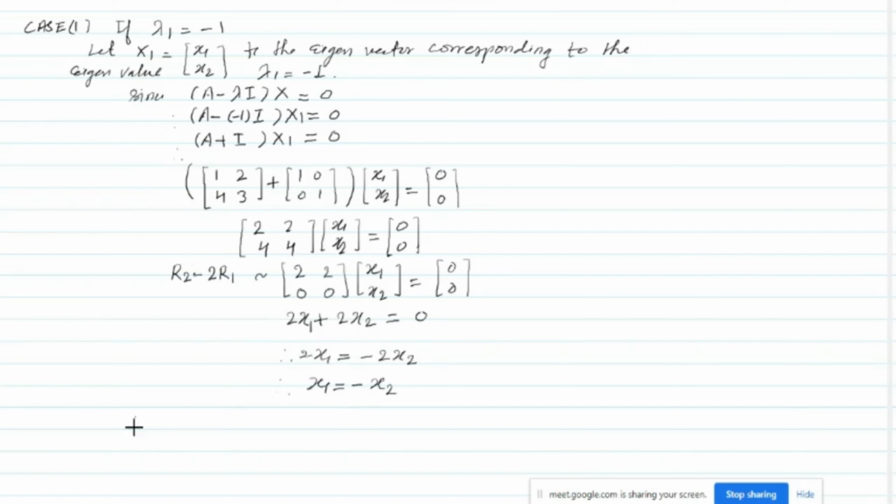Therefore x1 is minus x2, and x2 is x2 as it is. From this take x2 common, and you get the vector minus 1, 1, where x2 is arbitrary.